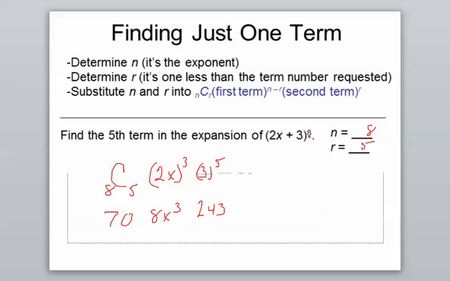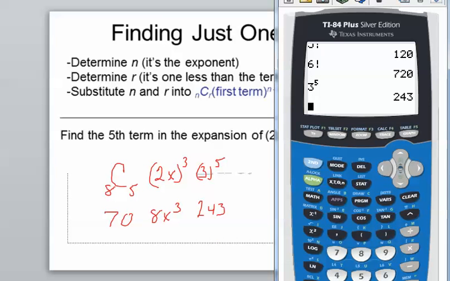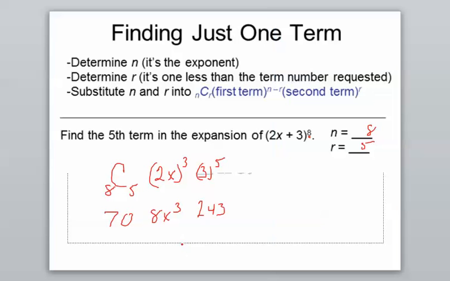Well, we need to do a little bit of multiplying there. 243 times 8 times 70, and what do we get? 136,080 x cubed.